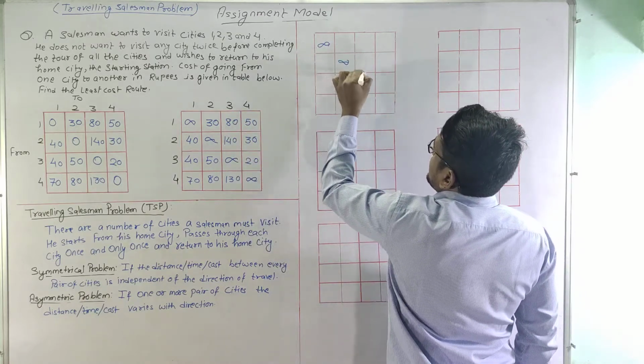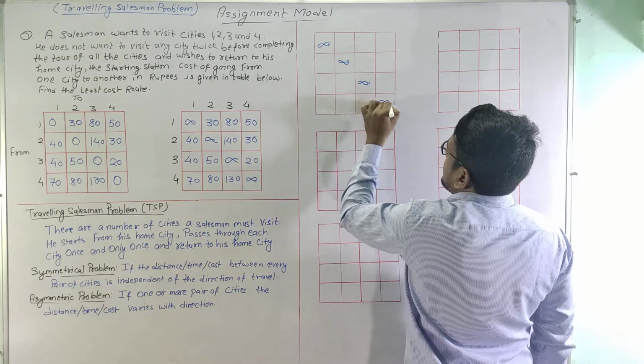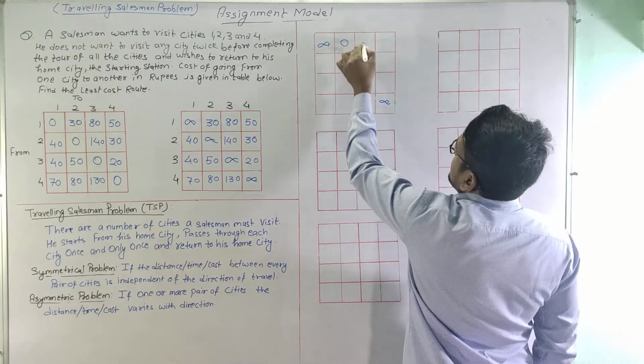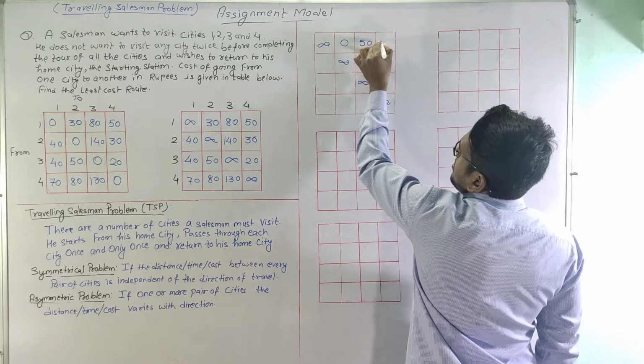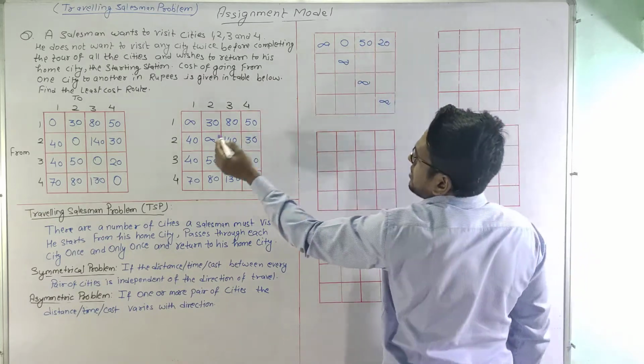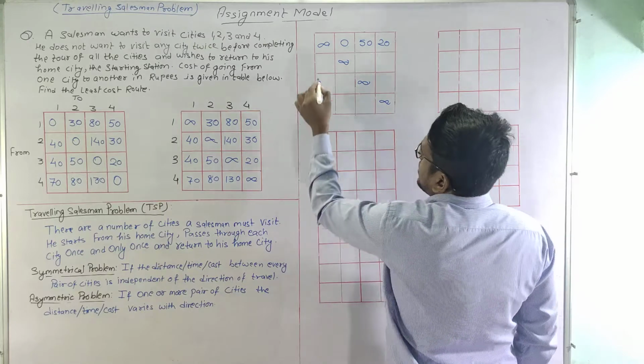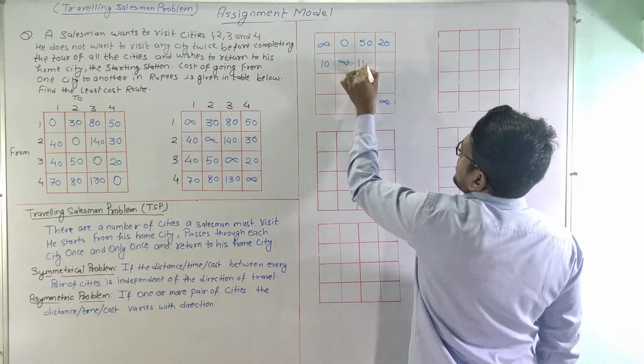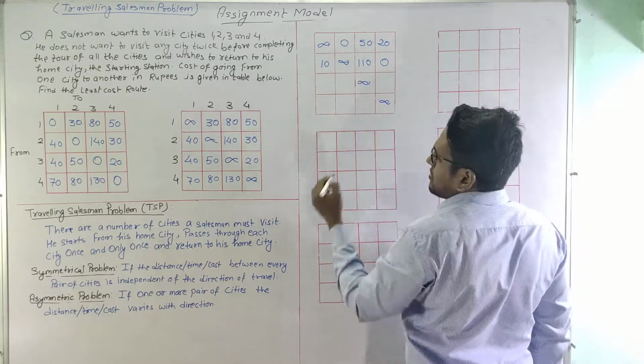These are value infinity. So 30 minus 30 is 0, 80 minus 30 is 50, 50 minus 30 is 20. Similarly in row 2, the minimum value is 30, so 40 minus 30 is 10, 140 minus 30 is 110, 30 minus 30 is 0.